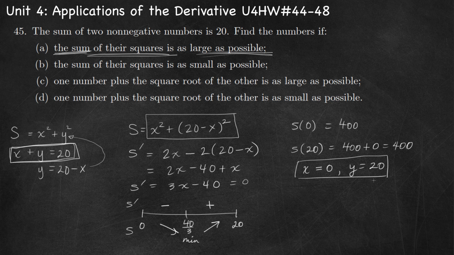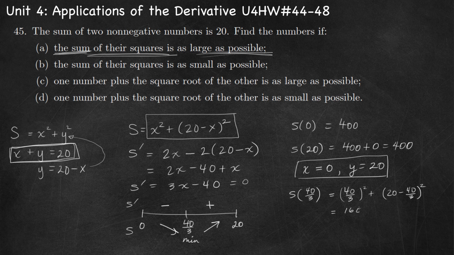Now, to minimize the sum of the squares, we would use this relative min value. If we check S of 40 over 3, I'd have 40 over 3 squared plus 20 minus 40 over 3 squared.